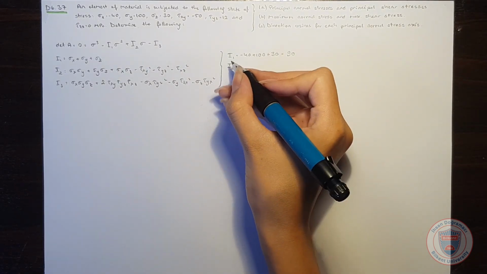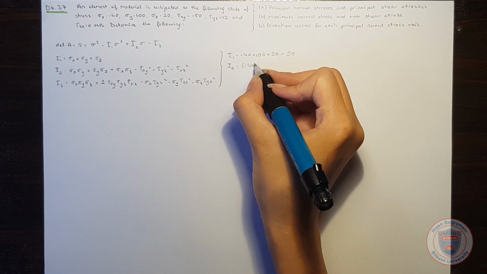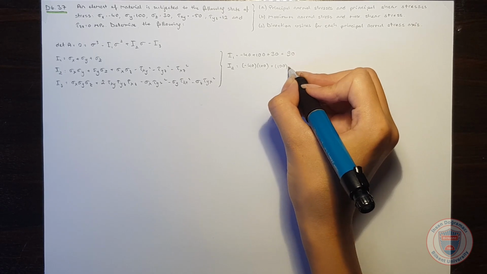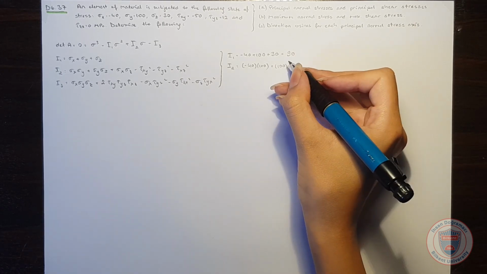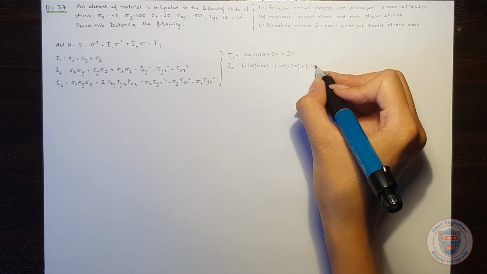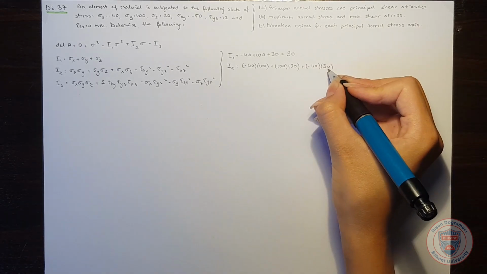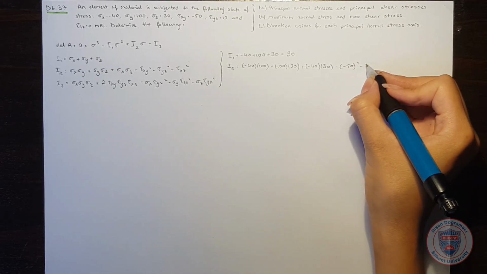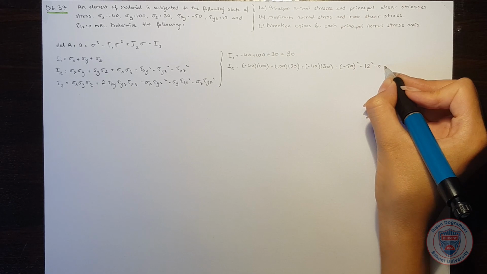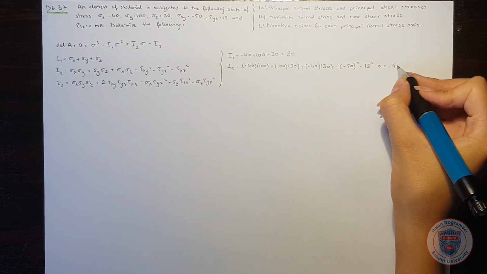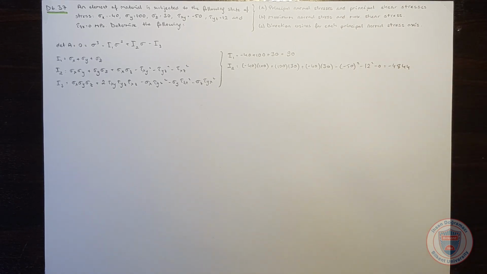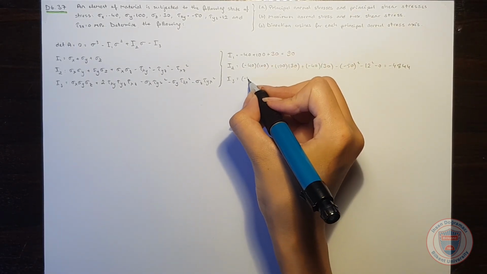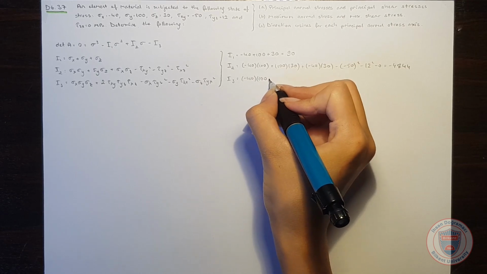I2 will be equal to minus 40 times 100 plus 100 times 30 plus minus 40 times 30 minus 50 square minus 12 square minus 0, and it is equal to minus 4,844.